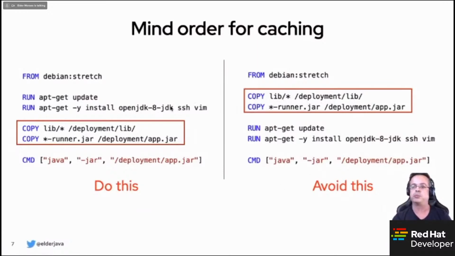So you need to put your application in the last steps of your Dockerfile, because these steps will not change so frequently as your application. So the order matters for caching. So mind the order of your commands, of whatever you do in your Dockerfile: put whatever changes more often in the last steps and whatever changes less often in the first steps.